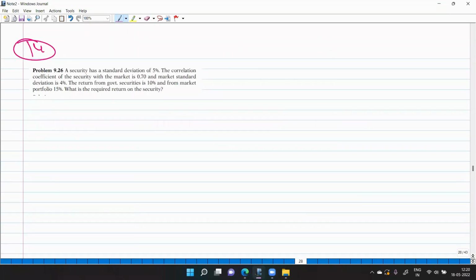A security has a standard deviation of 5%. This is the risk of a security. The correlation coefficient is equal to 0.20. I have a habit of writing ρ12, ठीक है, बट याद रखना जब ये question में आएगा अगर ρXY security है तो you have to write ρXY, ρAB, okay, ρSM, like this.